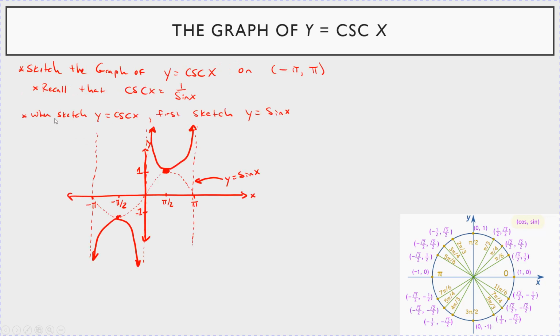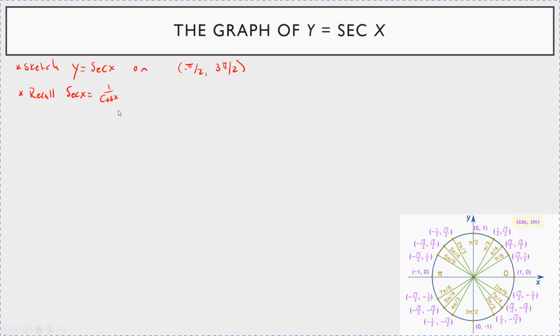So just like we did here, when you sketch y equals secant of x, first sketch y equals cosine of x. And then just watch what happens.